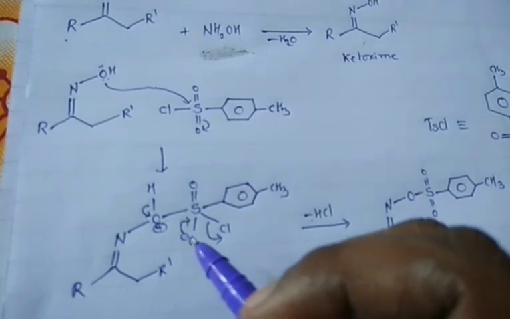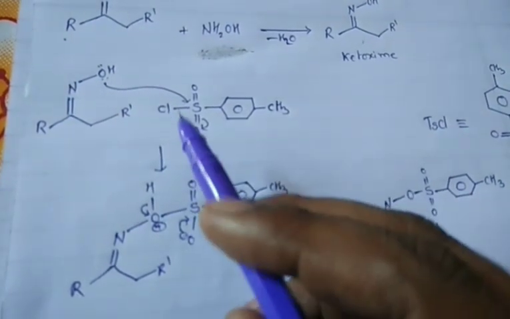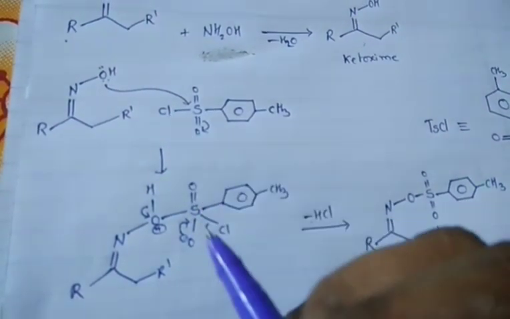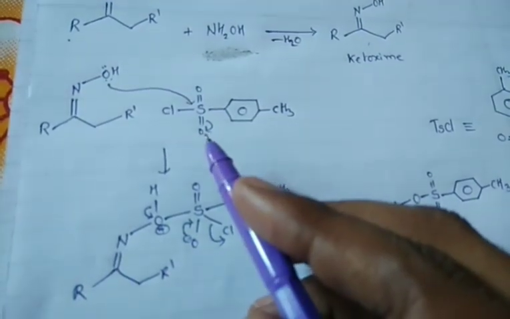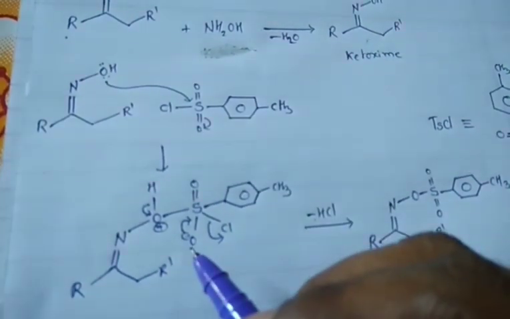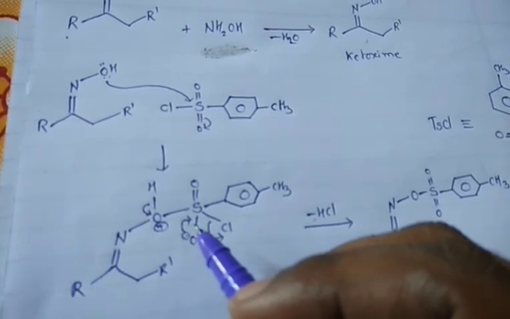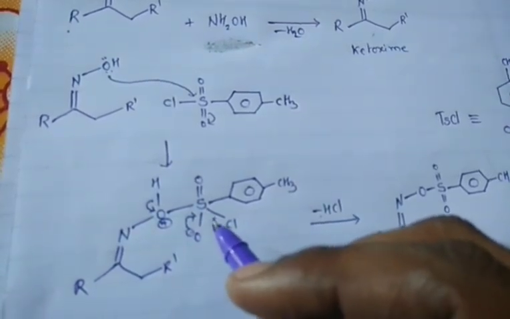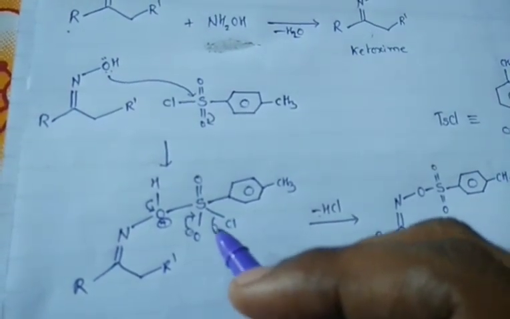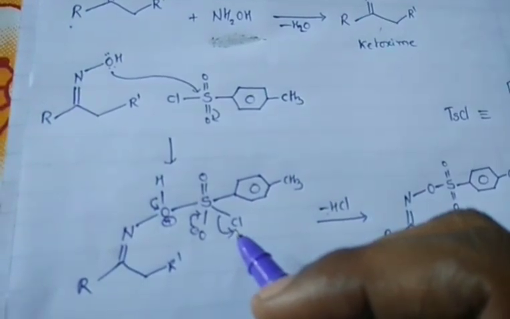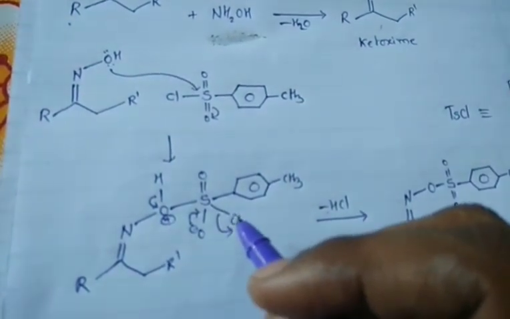Now we know this Cl is a very good leaving group. After migration of the pi bond onto the oxygen atom, it will migrate back to its original place, and at the same time the removal of Cl takes place, because Cl is a very good leaving group.